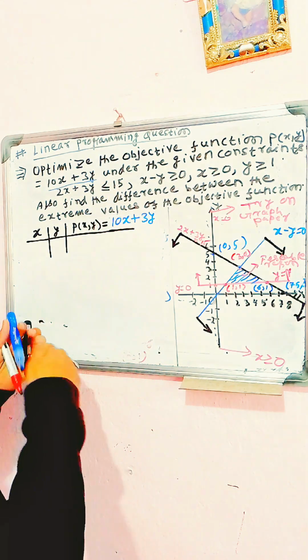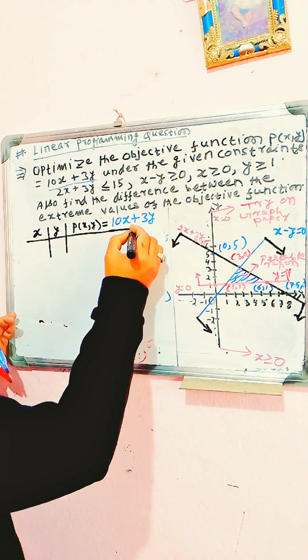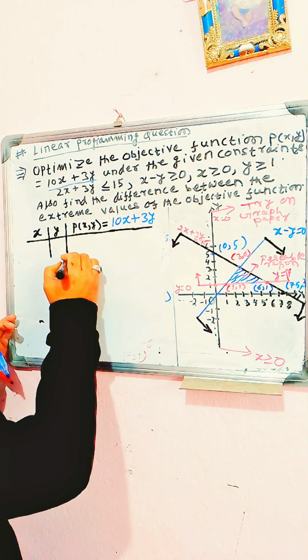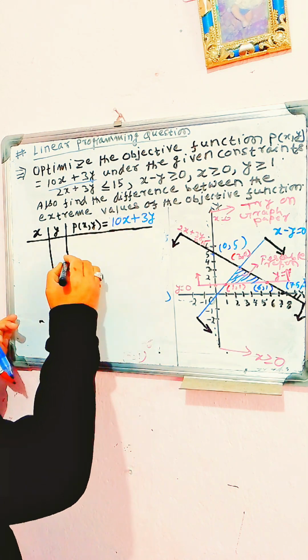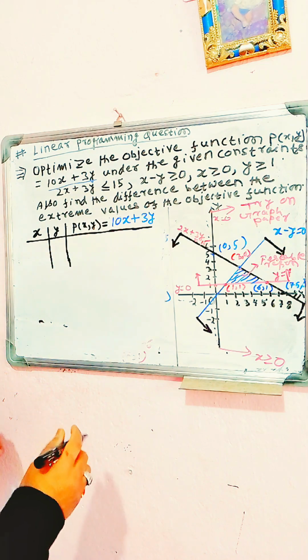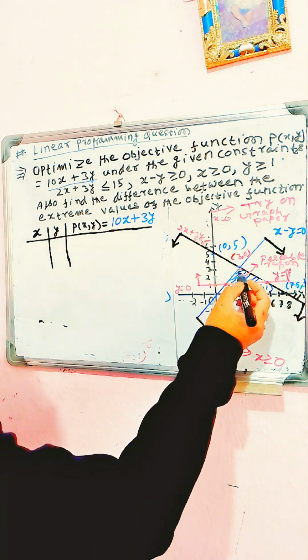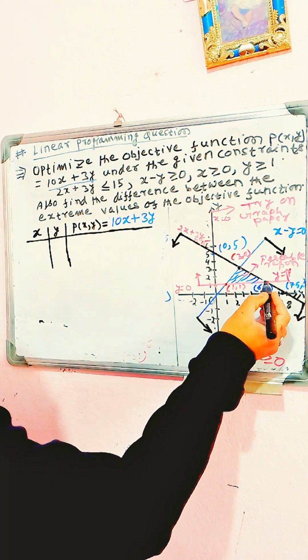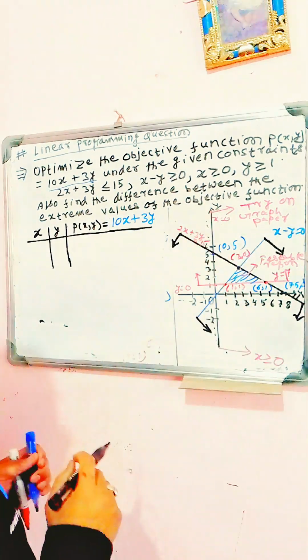The objective is to find the maximum and minimum value for this objective function. So let's copy all the coordinates that bound the given feasible region.